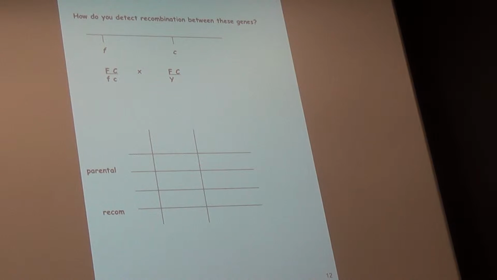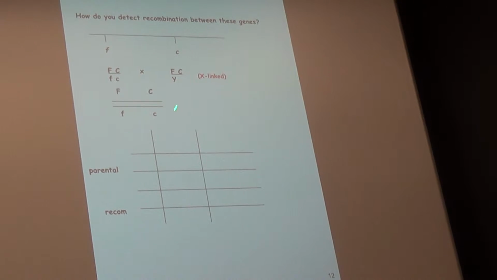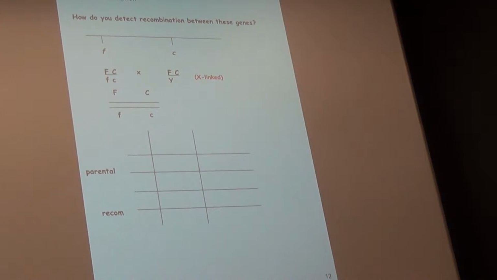So, we start with a heterozygous individual, let's say a female heterozygous, crossed to a male. It's an X-linked gene. So here is the heterozygous individual, and it's this heterozygous individual that you're going to analyze for crossing over.